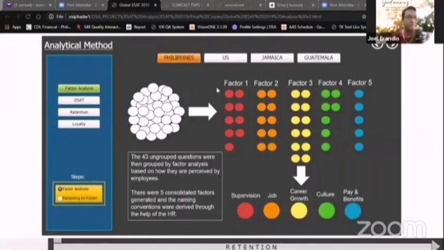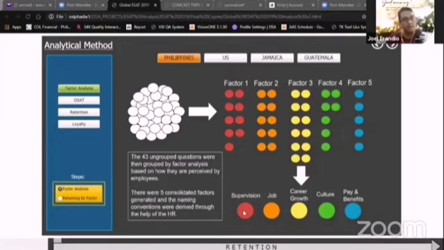Okay, so I forgot how many groupings we have here, but after doing factor analysis with 43 ungrouped questions, we were able to come up with 5 factors. We have different considerations on how to do the factor analysis. Again, like the decision trees, you can still approach me to discuss the detailed factor analysis further. I'm just discussing the illustrative example here. From factors 1, 2, 3, 4, 5, you check the underlying theme of each factor and then name it.